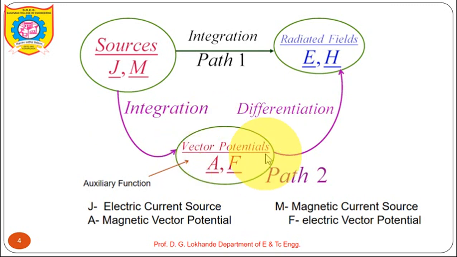Once you get these complex auxiliary functions, we go for the differentiation of them. This is the other way to analyze the radiated fields.